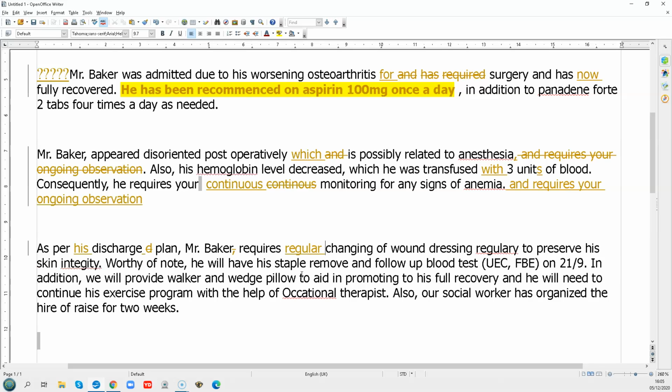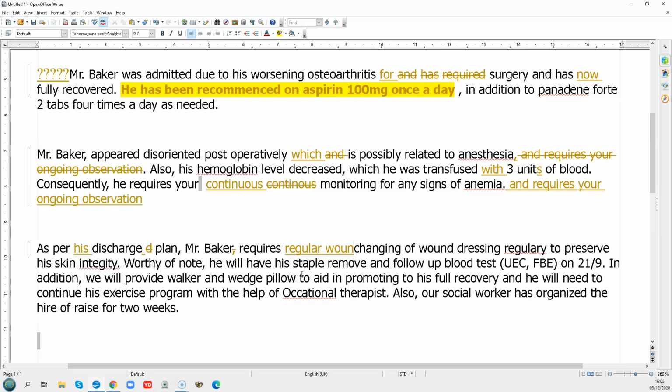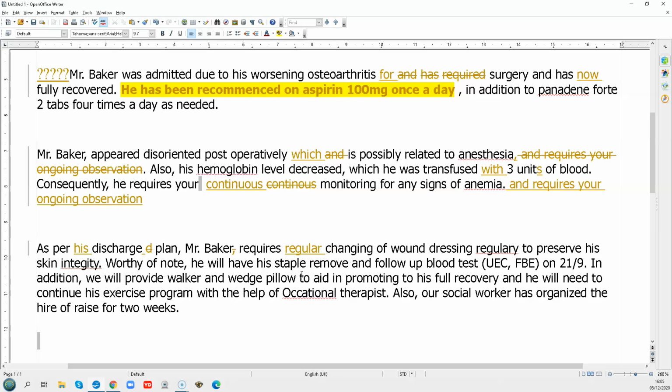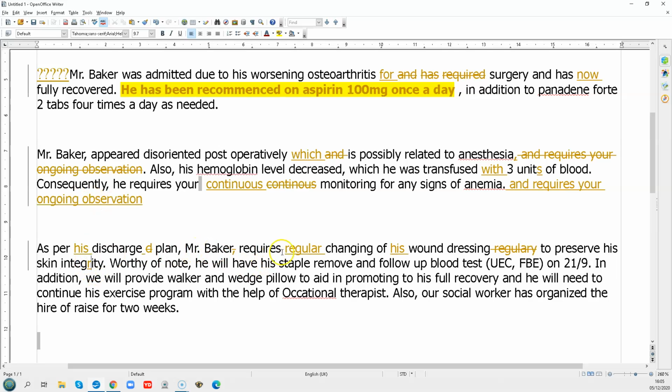Regular changing of his wound dressing. Now that's better. To preserve his skin integrity. So just watch that word order, right? That syntax. And regularly to preserve his skin integrity.